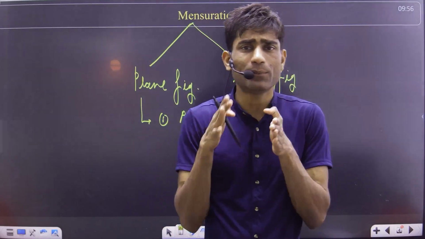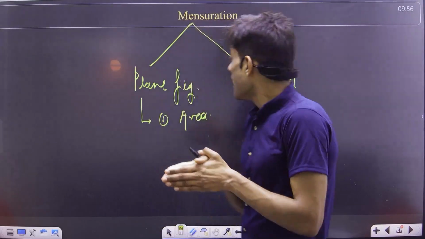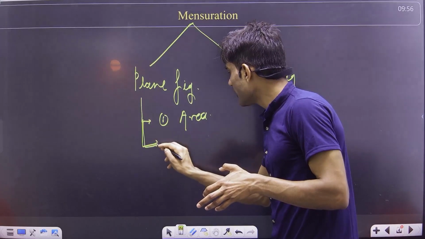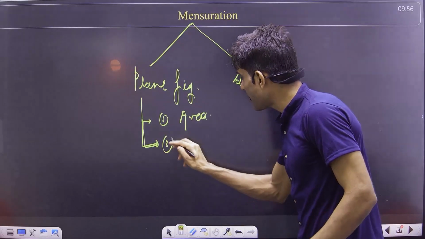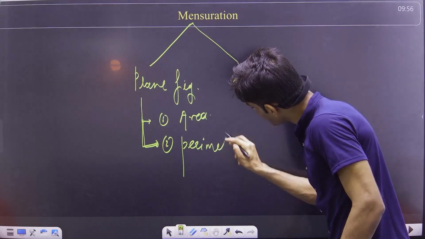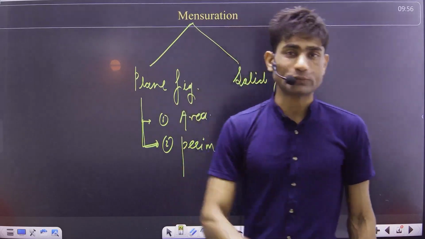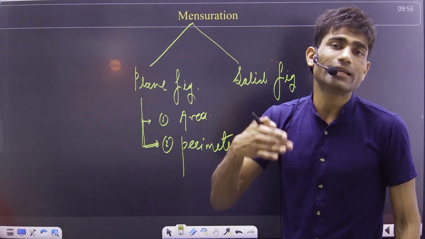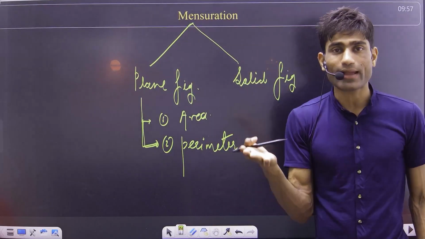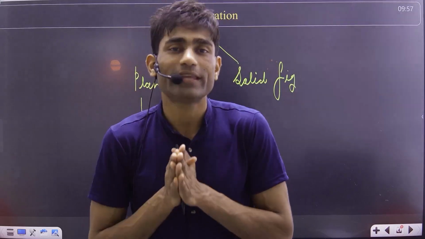These types of plane figures we consider for area. Second is perimeter, and third we consider circumference, like the circumference of a circle, and also the diagonal. These concepts are also part of plane figures.